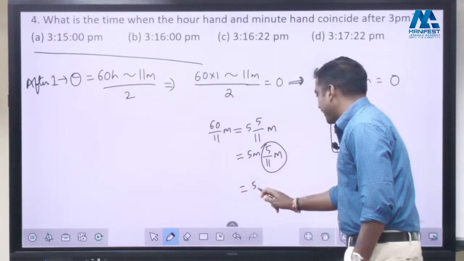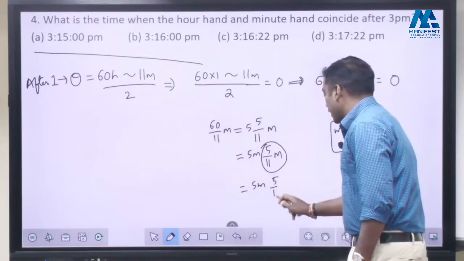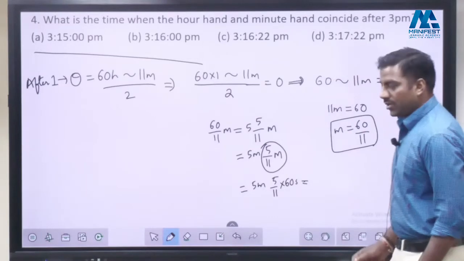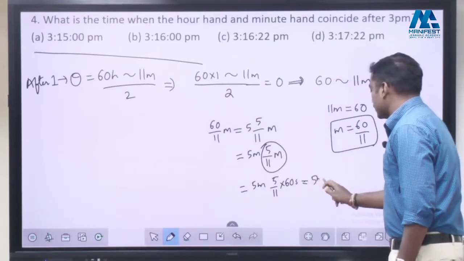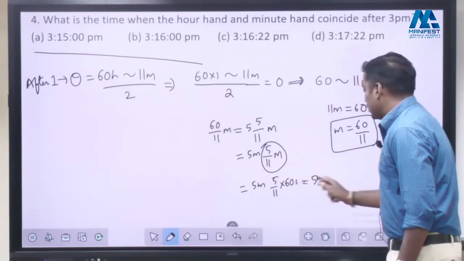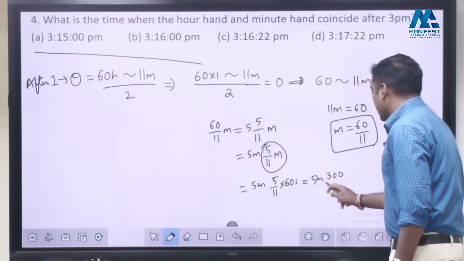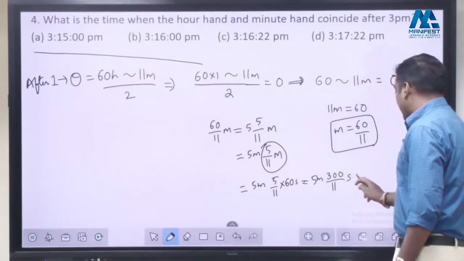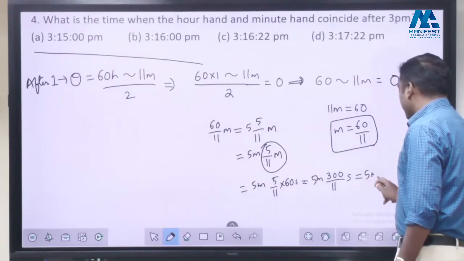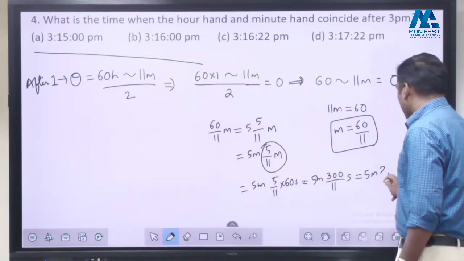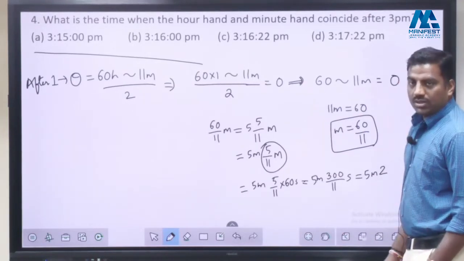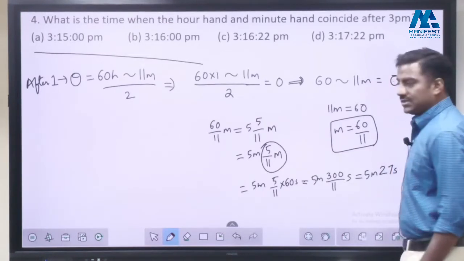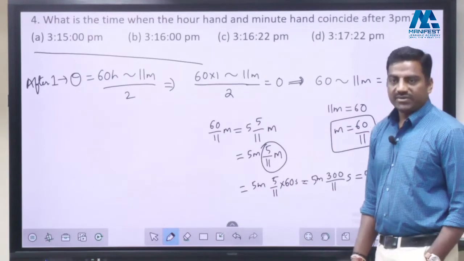So 5 minutes and 5 by 11 into 60 seconds, which is 5 minutes and 300 divided by 11 seconds. When I calculate, 11 twos are 22, then 80 is left, 11 sevens are 77. So 5 minutes and 27 seconds.